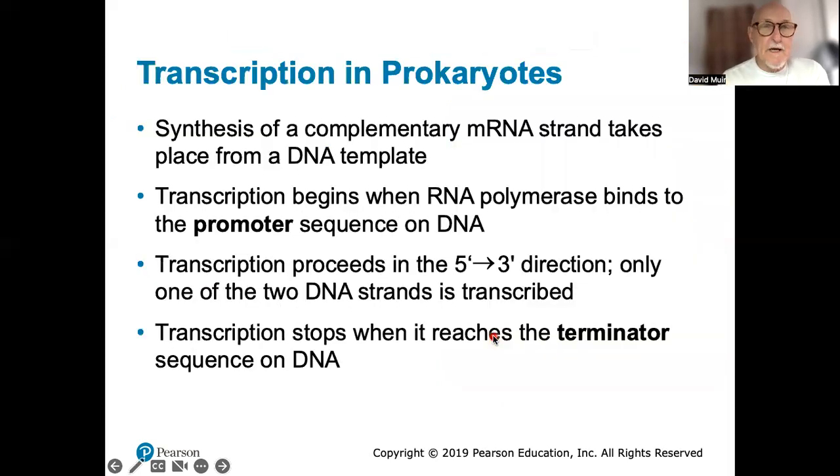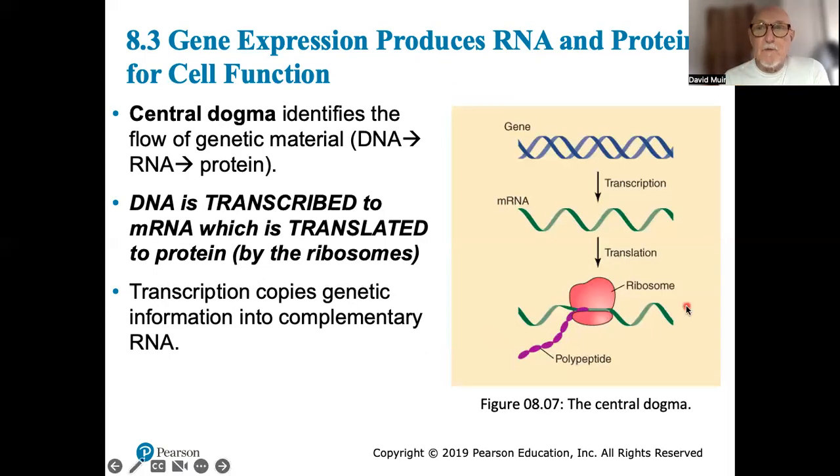You should phrase it that way. So the first step is what we're going to discuss today, and that is this process of transcription. Transcription is the production of a messenger RNA strand from the template strand of the gene.